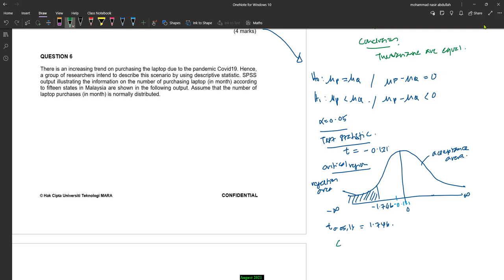So, decision: since t calculated lies under the acceptance area, the null hypothesis is accepted.